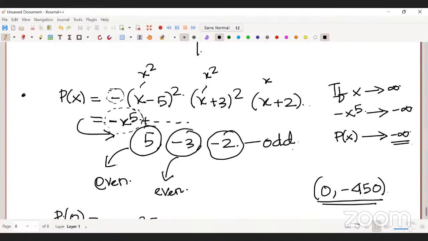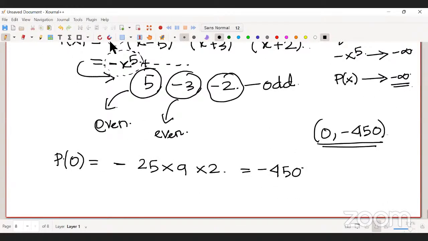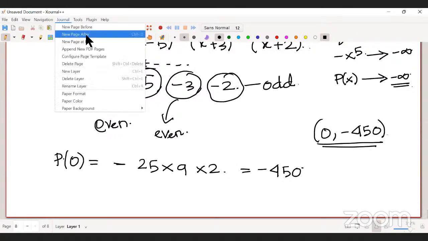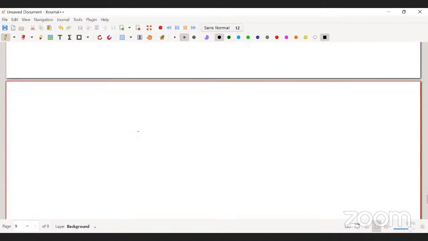So we know the end behavior. Now we are ready to draw the graph of this polynomial.